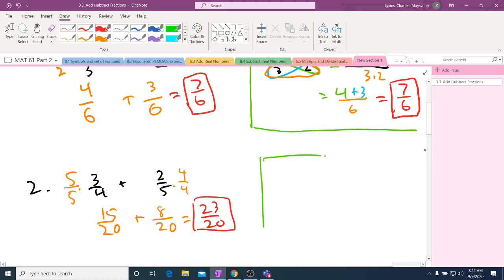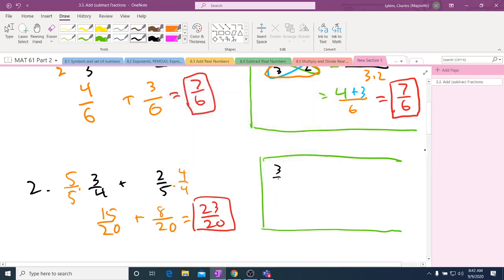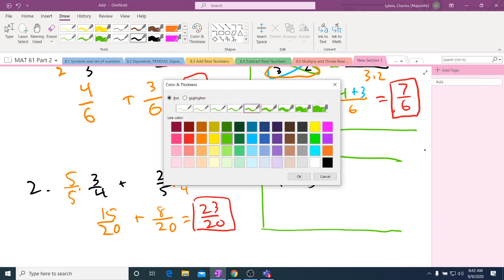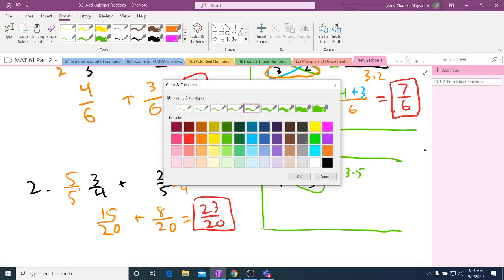Now my little side box here, I'm going to still work on 3/4 plus 2/5. Cross multiply 3 times 5. My addition symbol.